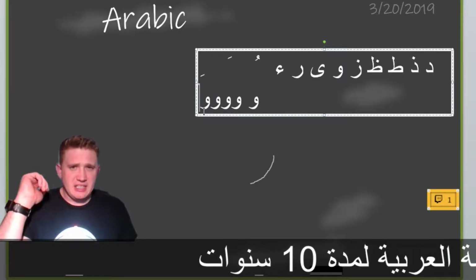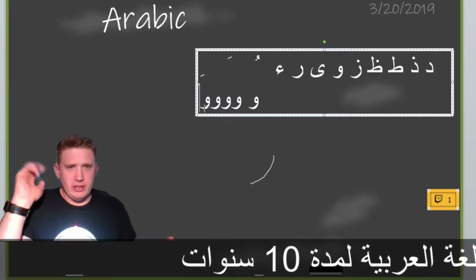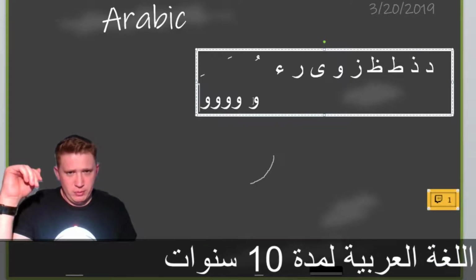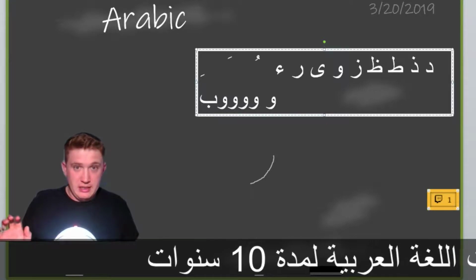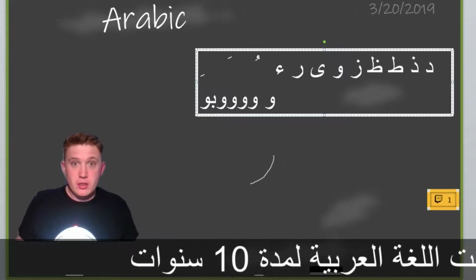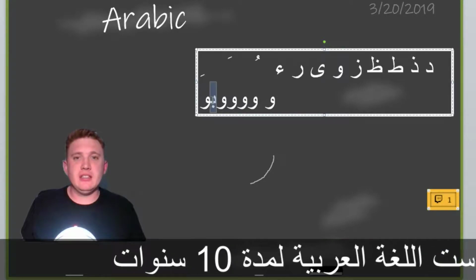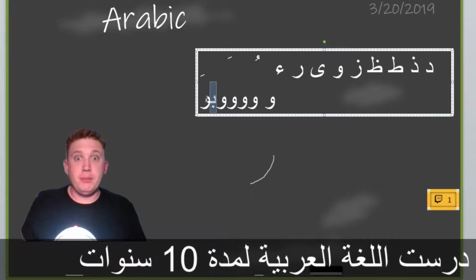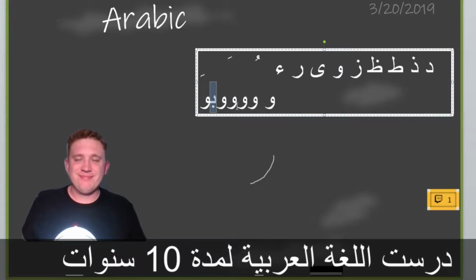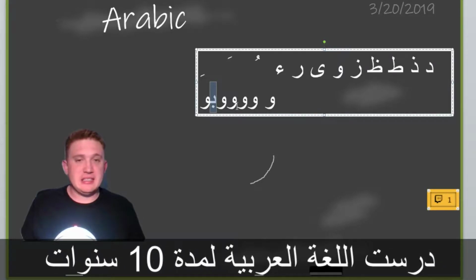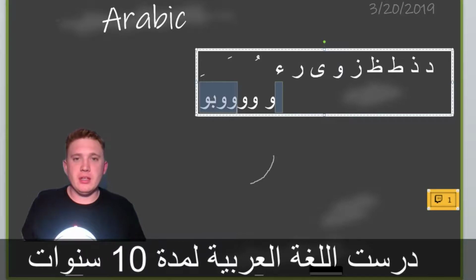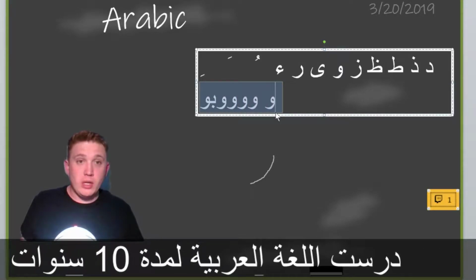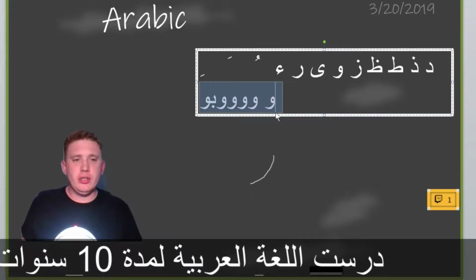It does not connect from the right to the left, but if you put a letter in front of it, you can see it connects. Here's the ba connecting to the wow, so that would be boo. That's how that would work with the wow. Like I said, it makes an oo or a wa sound depending on where it's put in the word.